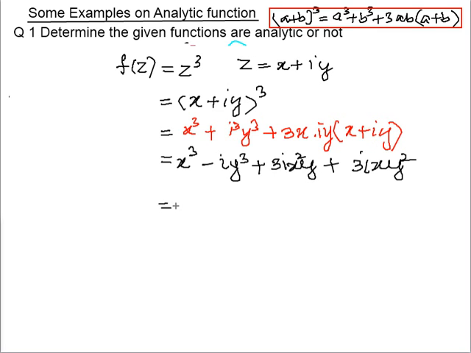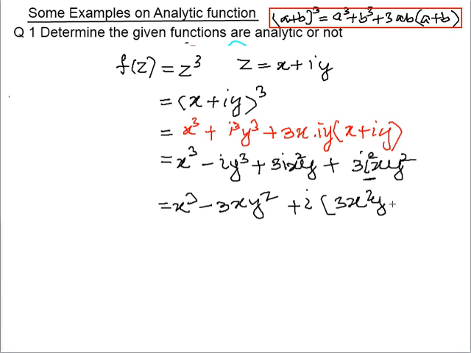Again rewriting, we can check: this is x cube, and iota square gives minus 1, so it becomes minus 3x y square, plus we take iota outside, then it gives 3x square y minus y cube.